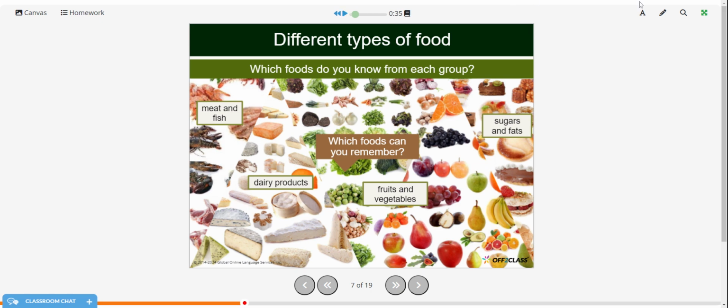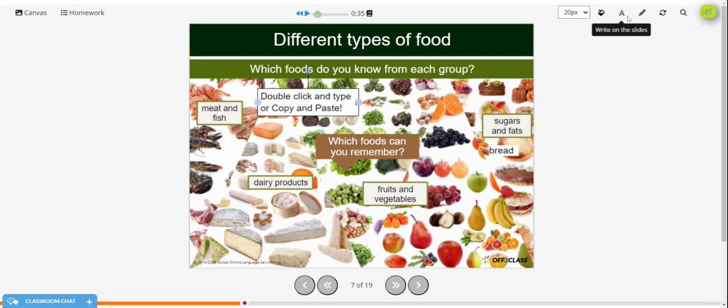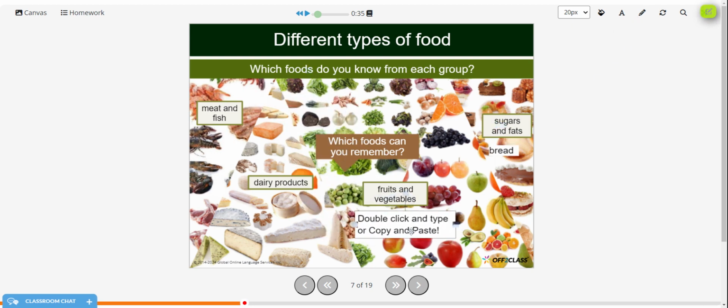Bread, okay, so we're going to put and we're going to make so we can type these under the correct categories.